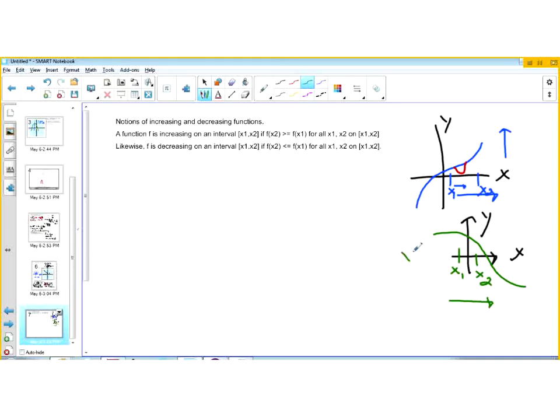So this would be a decreasing function. Some symbology that we use, we say that y is decreasing here, and we say that y is increasing here. So when you see the up arrow, that means it's increasing on an interval. All right, so those are kind of loose definitions for increasing and decreasing functions.